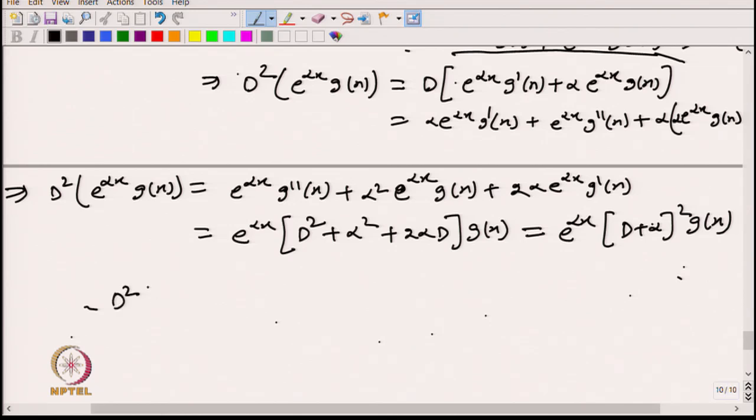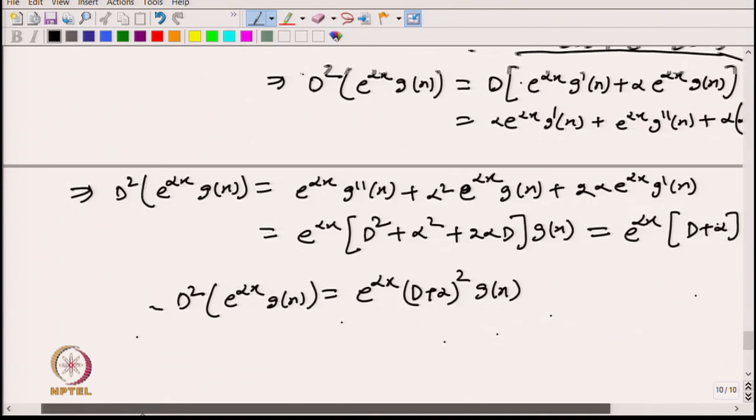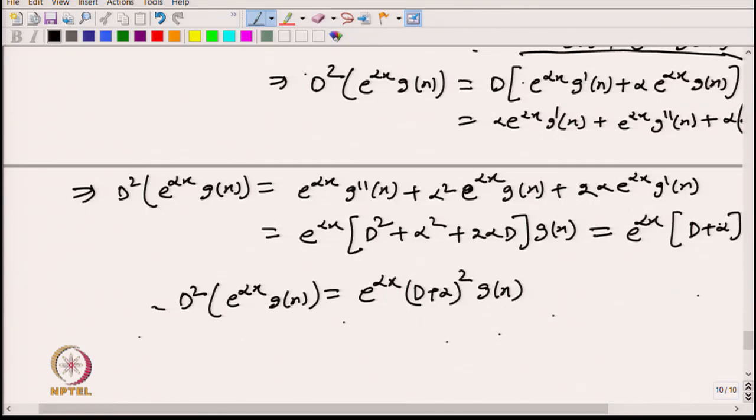So, d square of e raised to power alpha x g x can be written as e raised to power alpha x (d plus alpha) square g x.